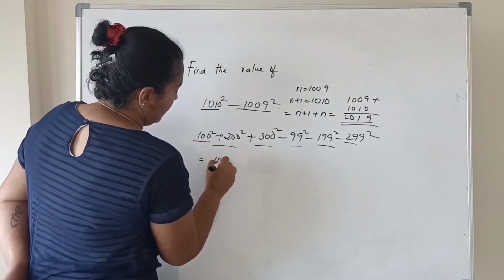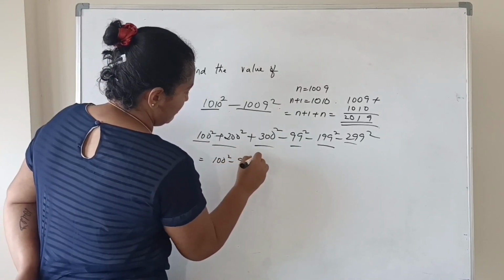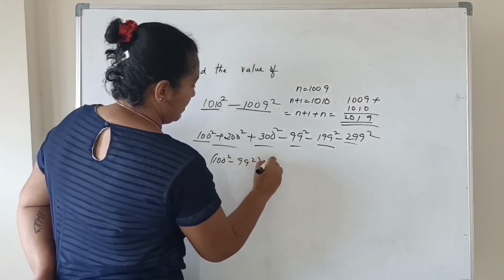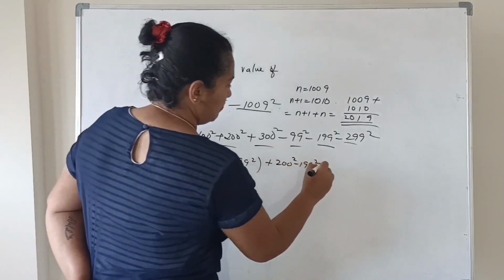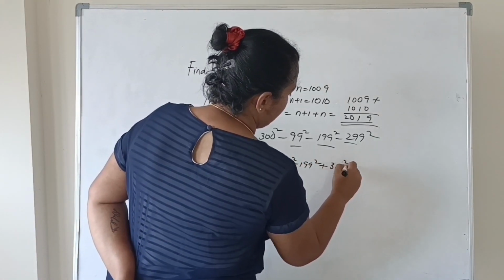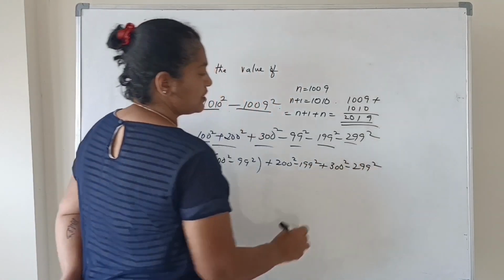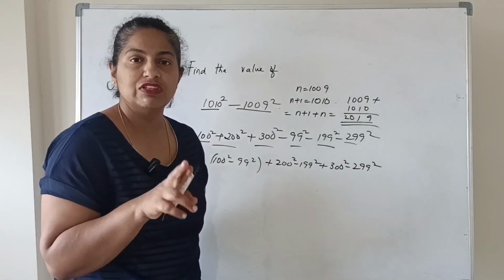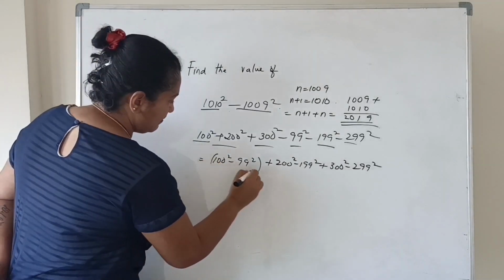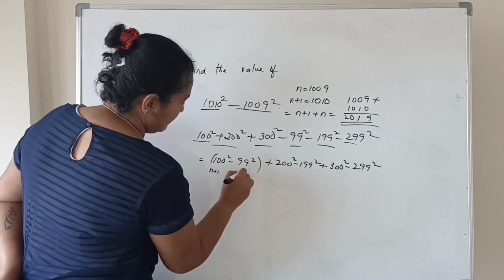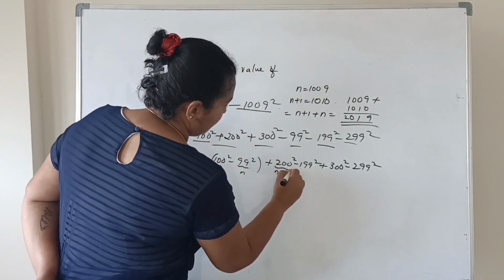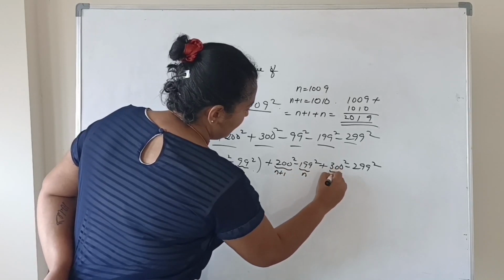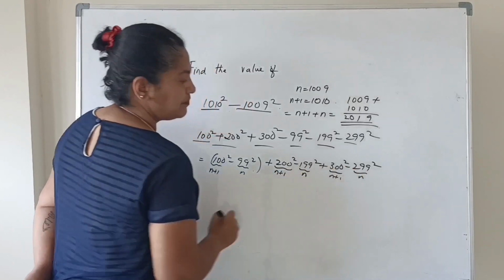So 100 square minus 99 square is one part, plus 200 square minus 199 square, plus 300 square minus 299 square. Now let us see whether we can apply the property. In this case, this is n plus 1 and this is n. Here too this is n plus 1 and this is n, and here this is n plus 1 and this is n.